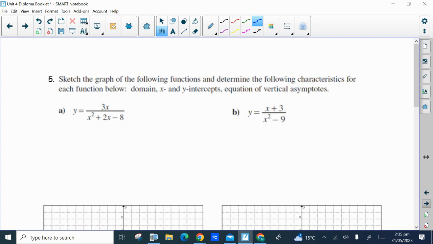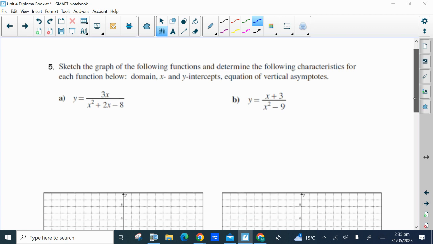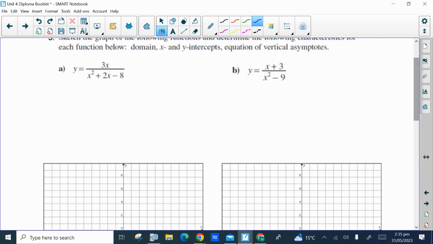Sketch the graph of the following. Determine the following characteristics for each function. We want the domain, the x and y intercepts, and equations of vertical asymptotes. Those are generally found by getting the non-permissive values of the denominator, which involves factoring the denominator. So the factors for that one would be x plus 4, x minus 2.